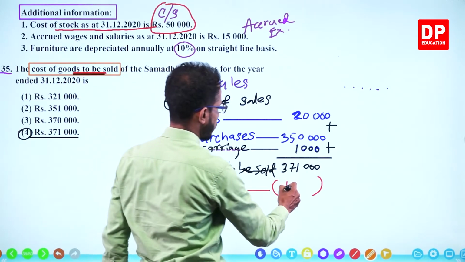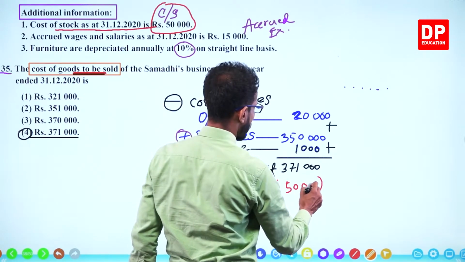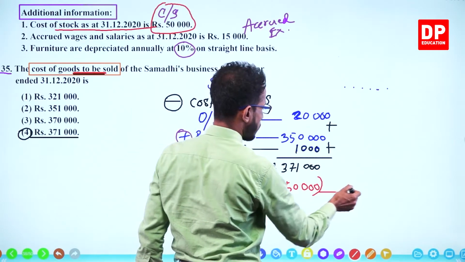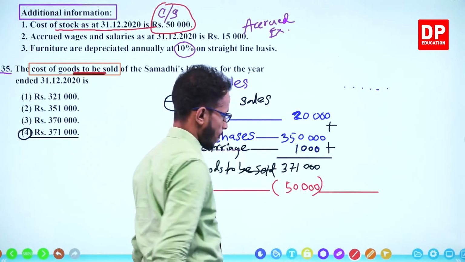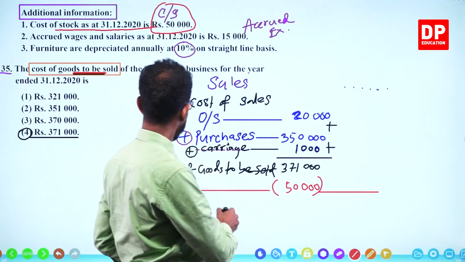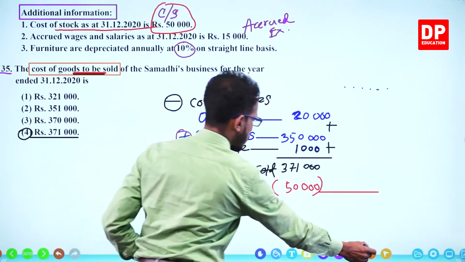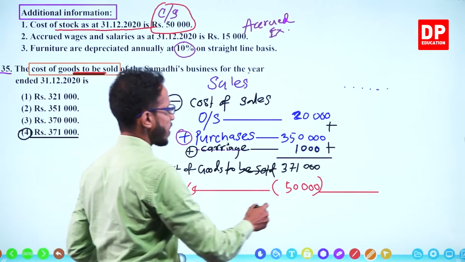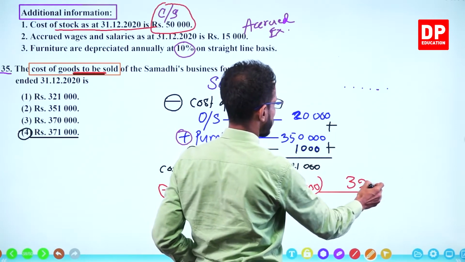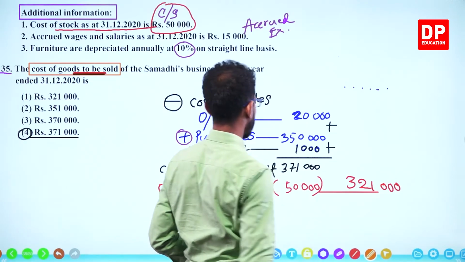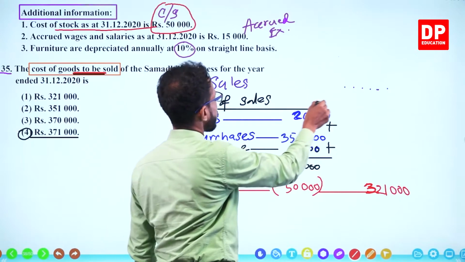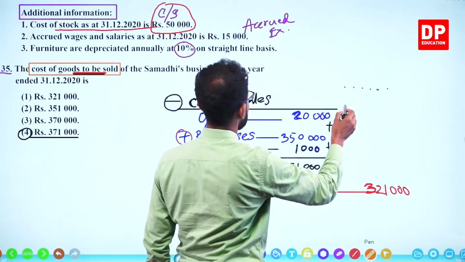You should put 50,000 here and subtract from 371,000, and the answer goes to the next column under sales. 371,000 minus 50,000 is 321,000. This is cost of sales.